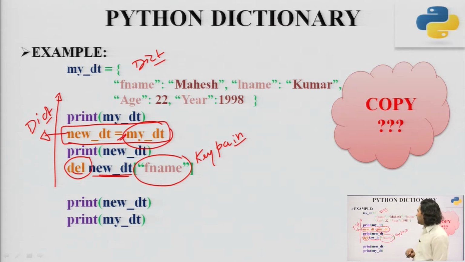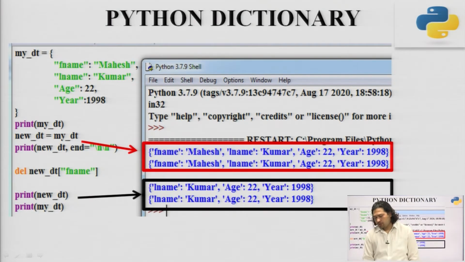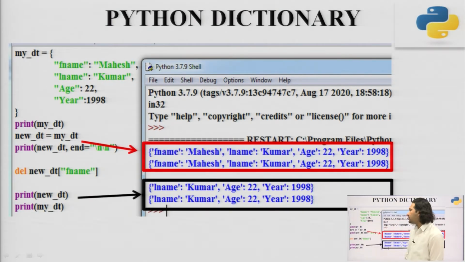In new DT, that means when we print new DT and myDT, you can see that the f name element from new DT must be deleted and it should not be reflected in myDT, because we are performing the copy operation. So, in the output you can see that the story is totally changed, it is upside down, or you can say flip flop.